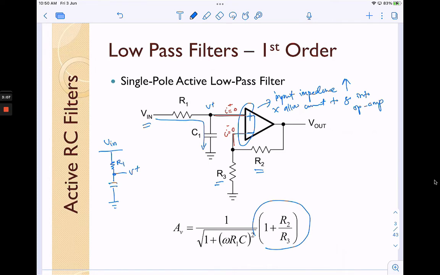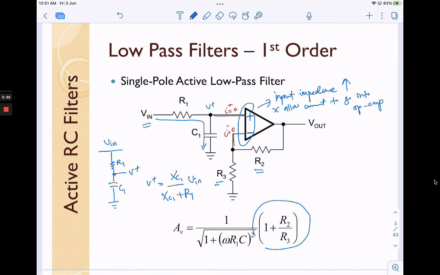You can find the value of V plus by taking the voltage divider rule. You have XC1 over XC1 plus R1 multiplied by Vin.